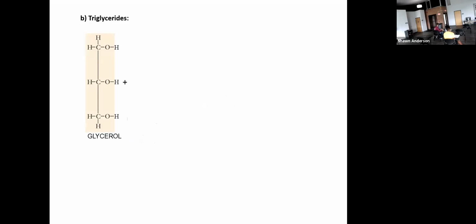Now we're going to get something that's called a triglyceride. So, tri-3. Or if at first you don't succeed, triglyceride. No. So, tri-3 bound to a glycerol. It's easy.